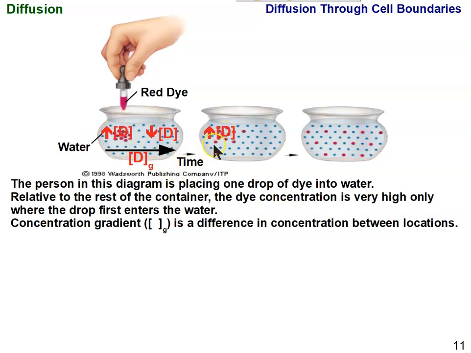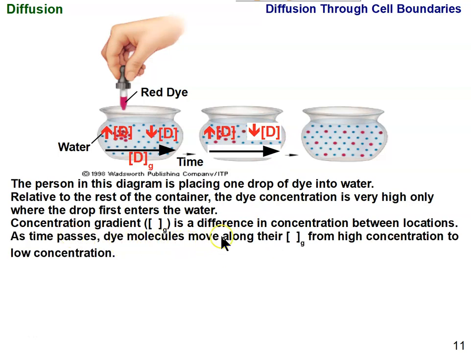As time passes, the concentration of dye is still relatively high in the location where the dye drop was first put in, but you'll notice that those dye particles, those dye molecules, are starting to diffuse. They're starting to move from where there is more of them to where there is less of them. So there's still a relatively low concentration of dye over in this part of the container.